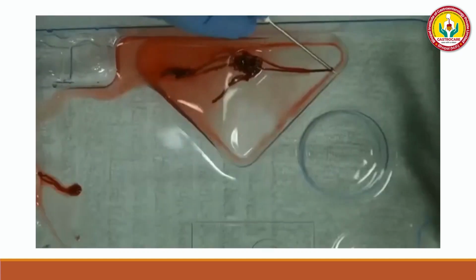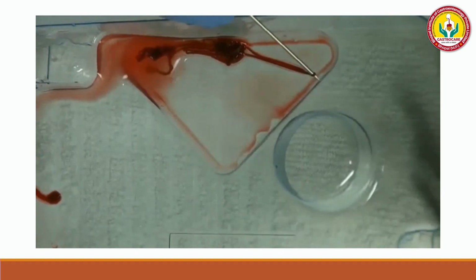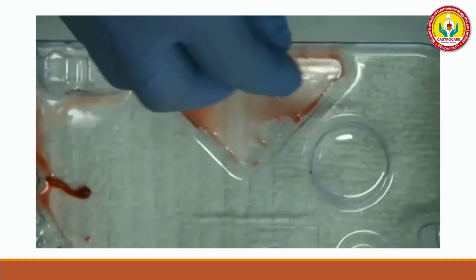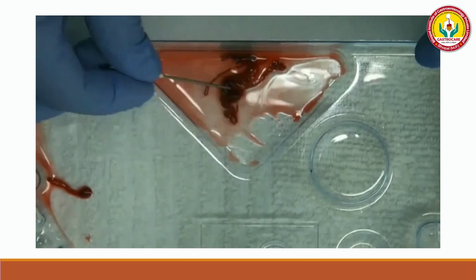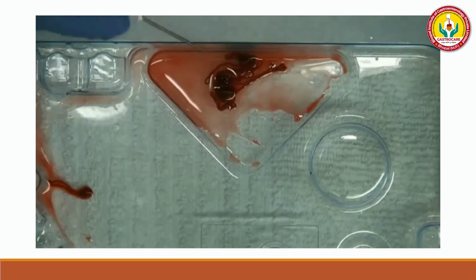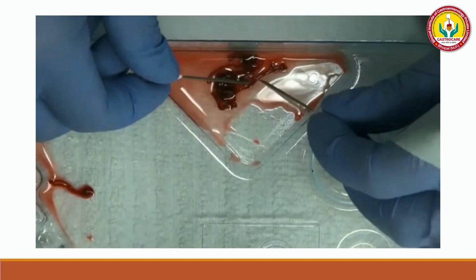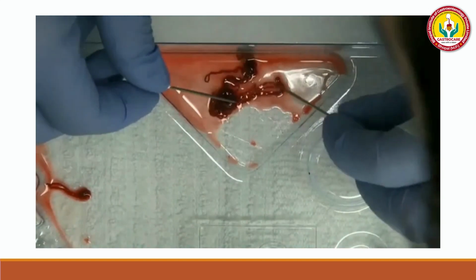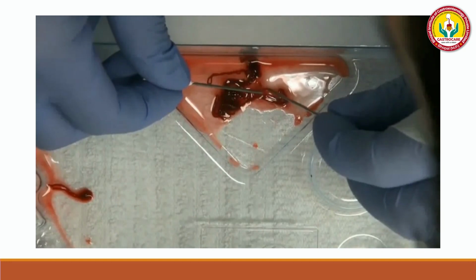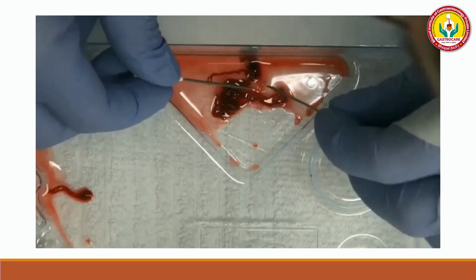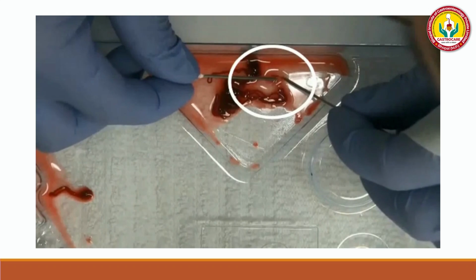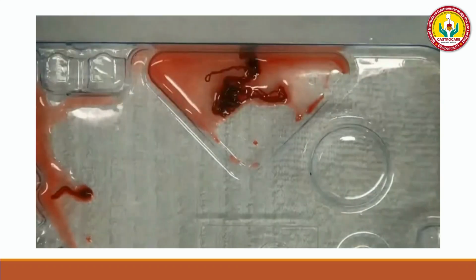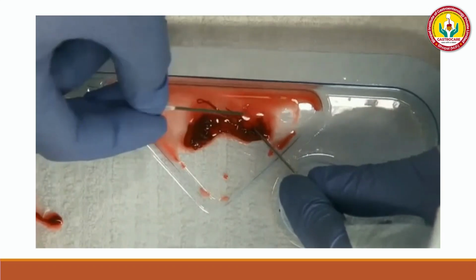So as soon as you get this core, collect it in a petri dish and flush it with some saline, and then try to separate the white cores from the hemorrhagic cores right at the endoscopic suite. You can use a 5 cc syringe needle to separate the white cores and finely dissect them so that you don't break them. If you see the one in the circle, that is your actual tissue.